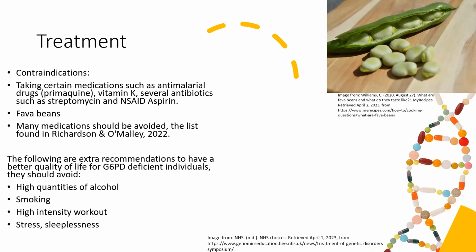Foods like fava beans, shown on the right side, and many other medications should be avoided, but the list is so big I cannot add it here. The references are found in this citation right here.